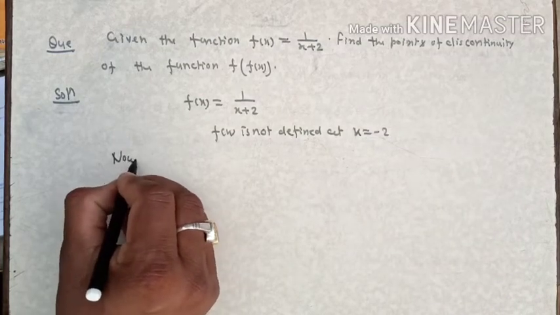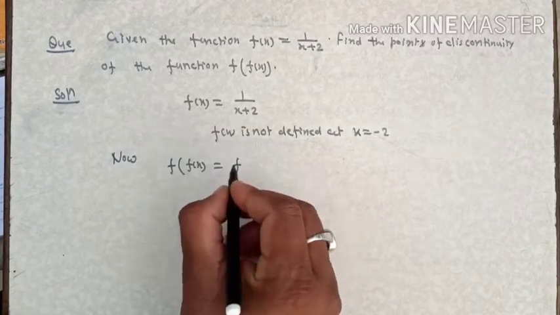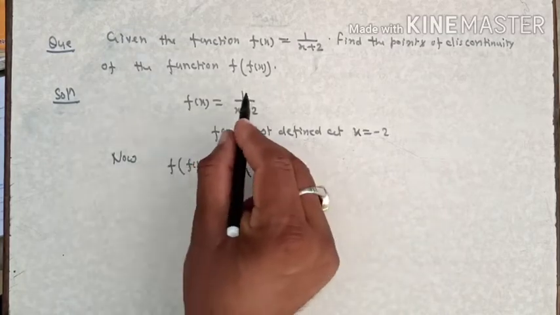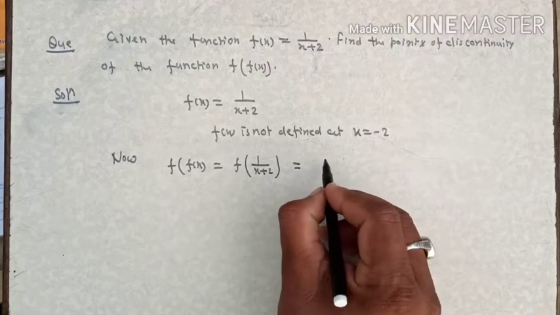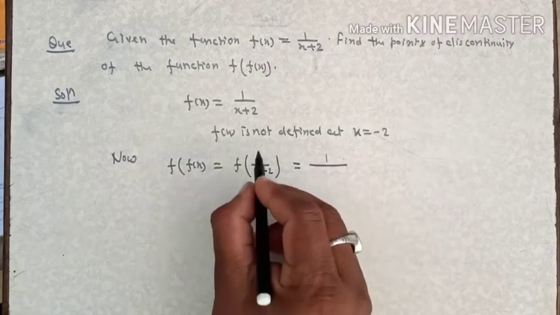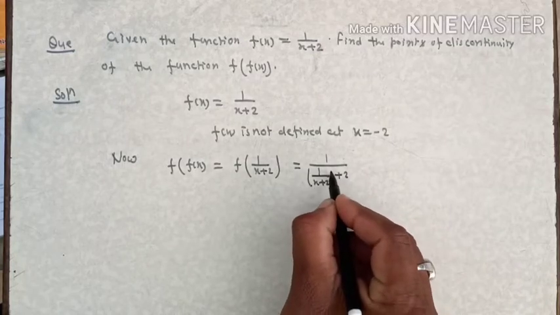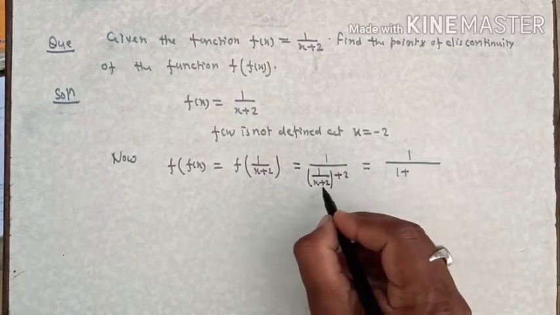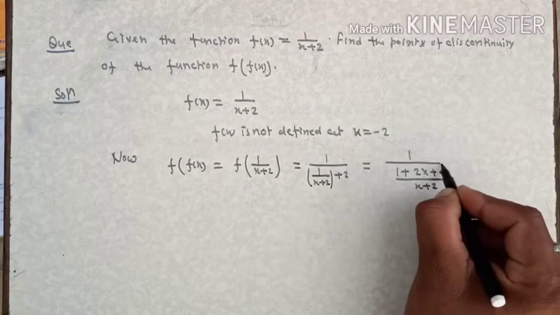Now f(f(x)). f(x) is equal to 1/(x + 2), so f(1/(x + 2)) equals 1/(1/(x + 2) + 2), which is 1/((1 + 2x + 4)/(x + 2)).